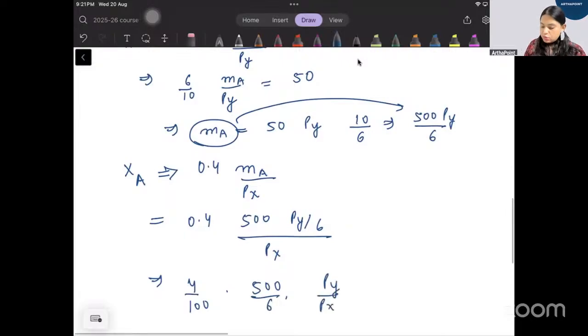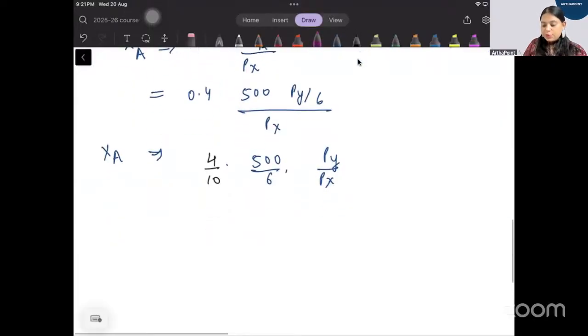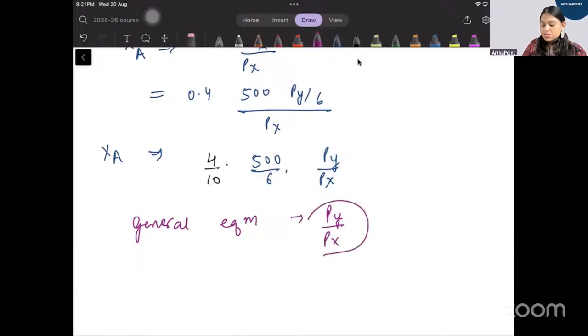This is the amount of X received by Anil. Now, just use the concept of general equilibrium I have taught you and find the ratio PY by PX.